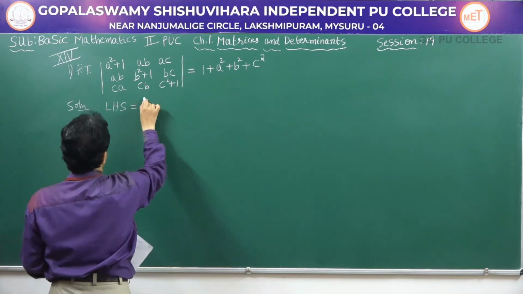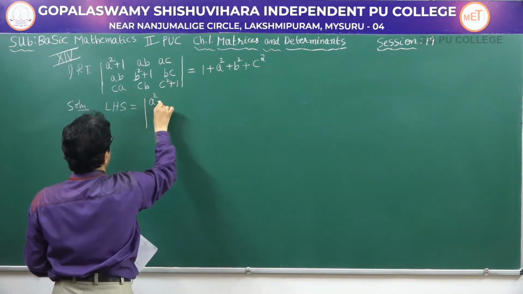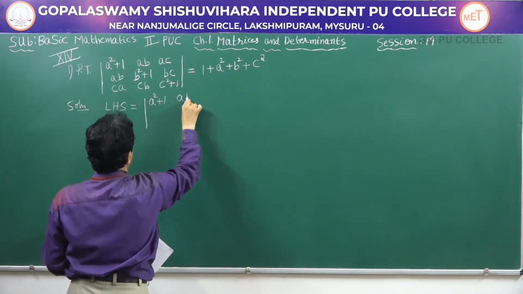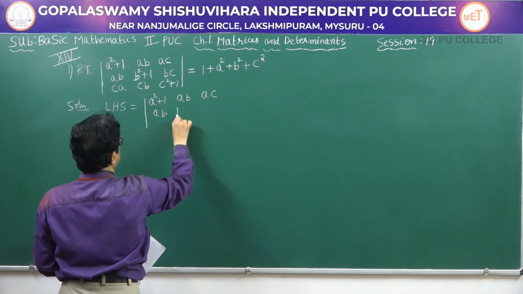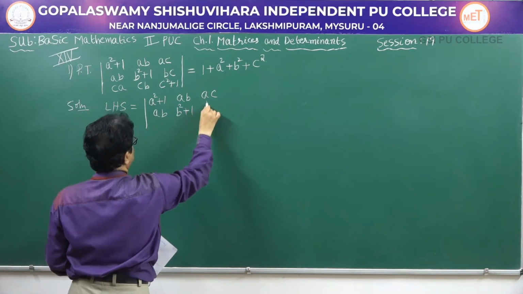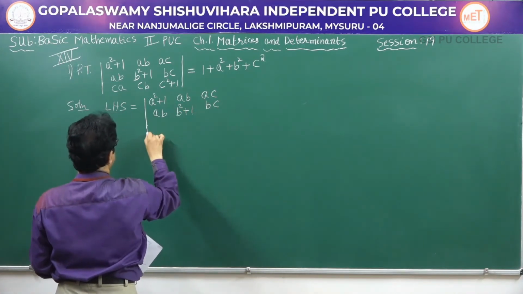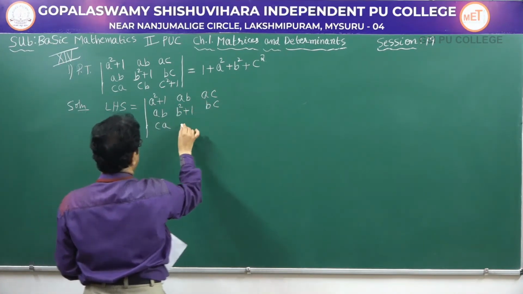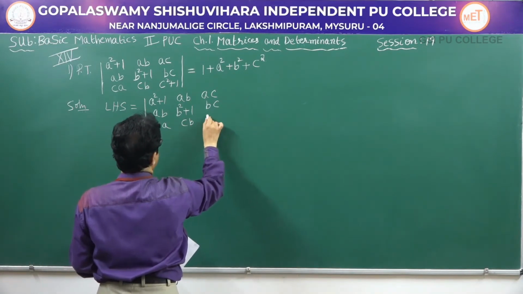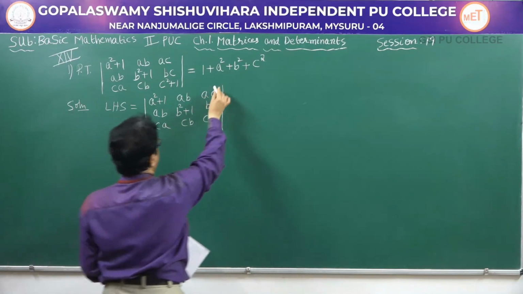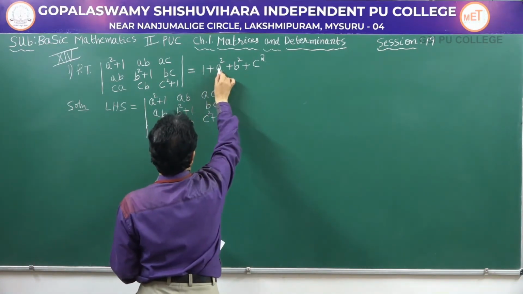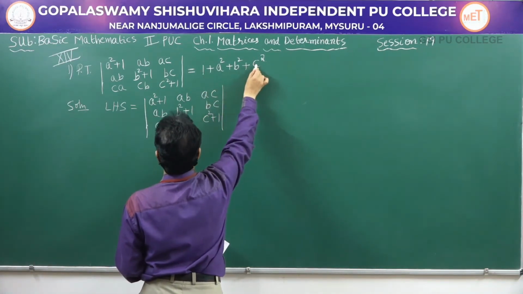LHS is equal to determinant of a square plus 1, ab, ac; ab, b square plus 1, bc; ca, cb, c square plus 1. Here the answer should be 1 plus a square plus b square plus c square.